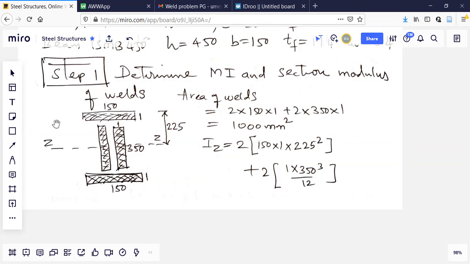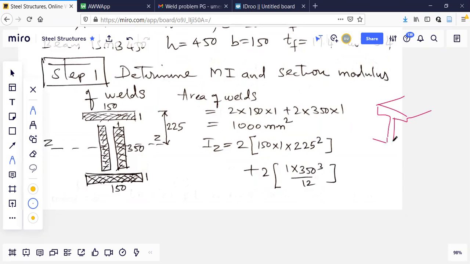For example, you can see here, in steel structures those changes are there. You can note it.